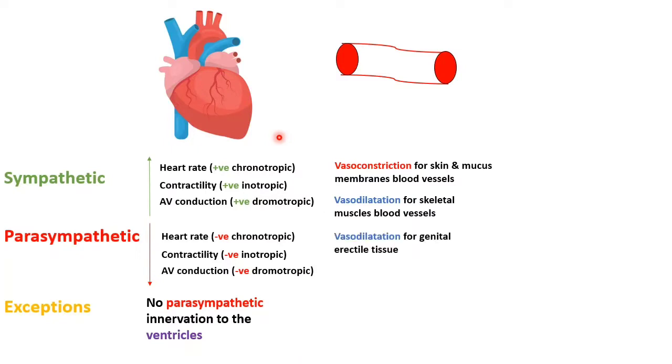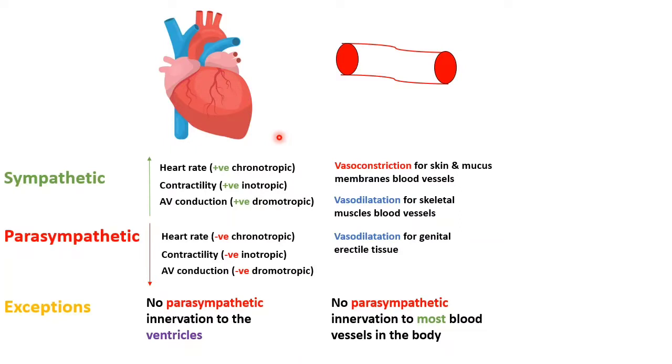Okay, it only causes vasodilatation for genital erectile tissue. So erection occurs through the action of parasympathetic nervous system. So the exception here for blood vessels is that there is no parasympathetic innervation to most blood vessels in the body. So ventricles and most blood vessels in the body have only sympathetic innervation. There is no parasympathetic innervation.